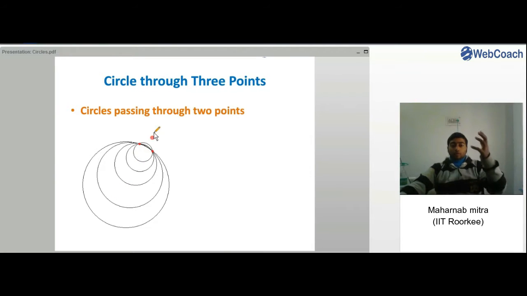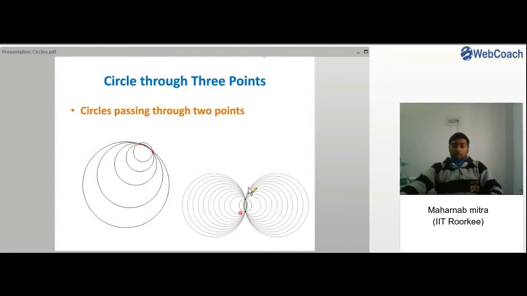And this is shown in one direction, and if you go on doing this in the other direction, you will end up with a figure something like this. You can see the central circle, we have taken 2 points as common, and through these 2 points we have tried to draw as many circles as possible, and you will find out that there are infinitely many circles which pass through 2 given points.